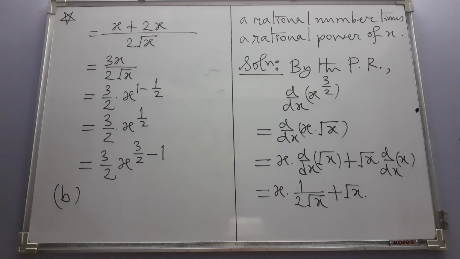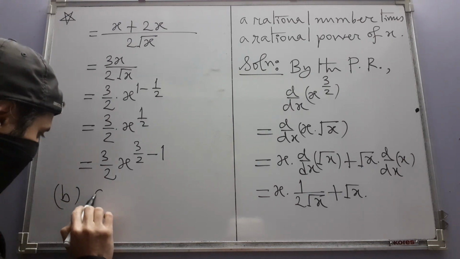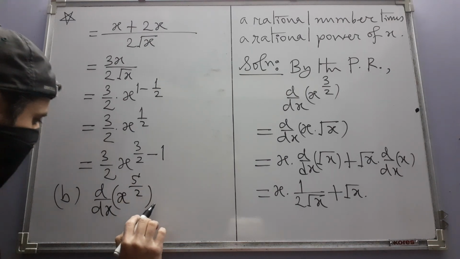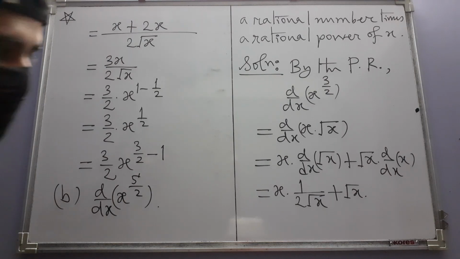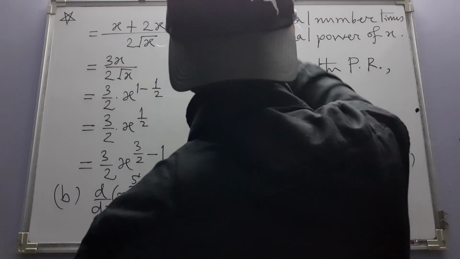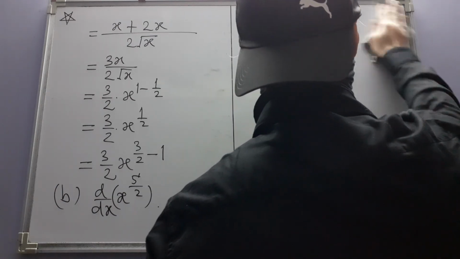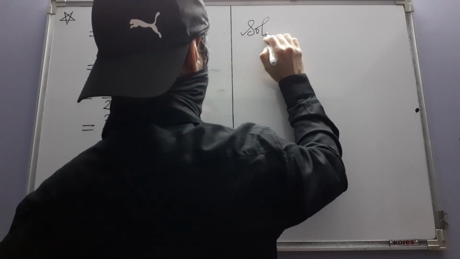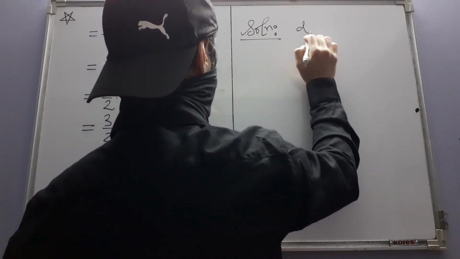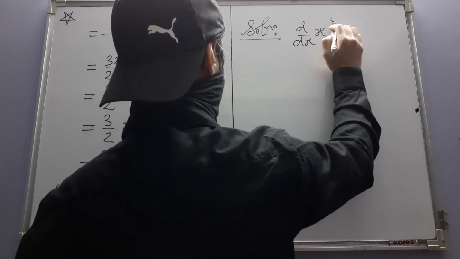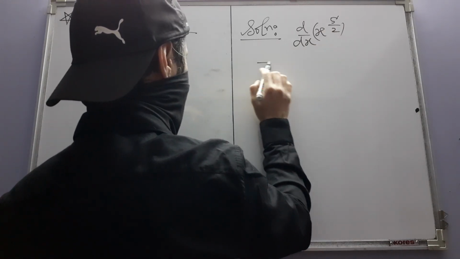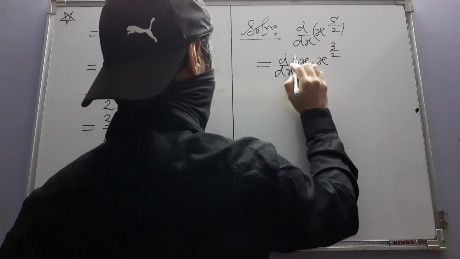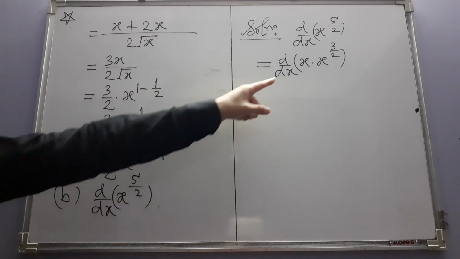In part B, we have to calculate this, x to the power 5 over 2. Again, by the product rule, we can write the given function like that product.